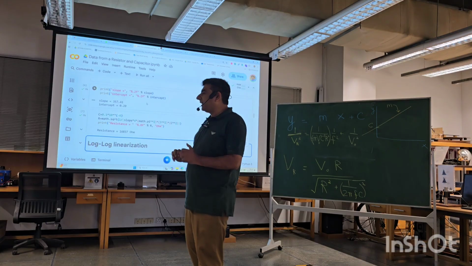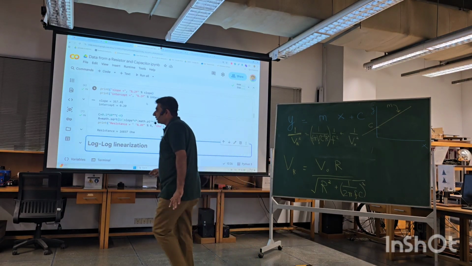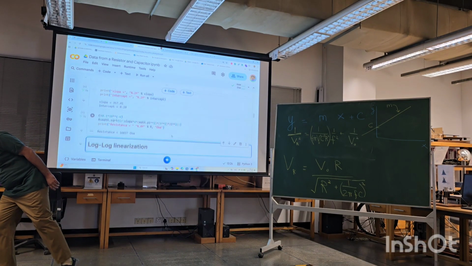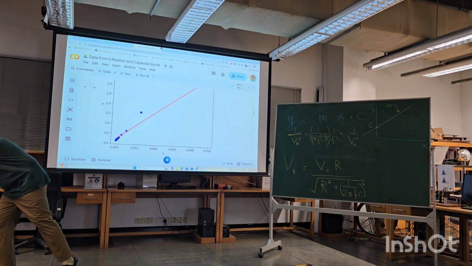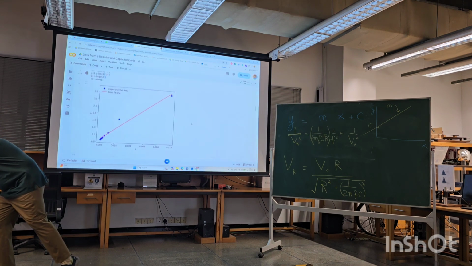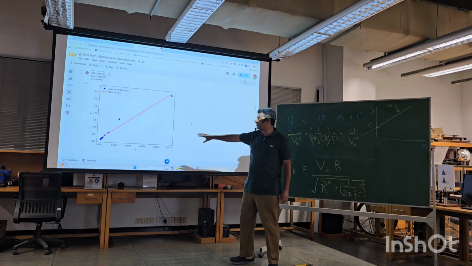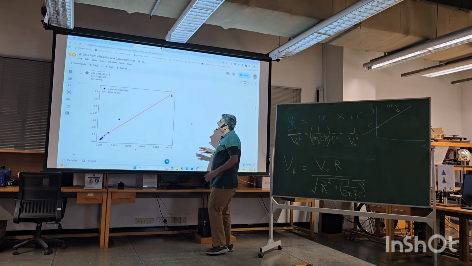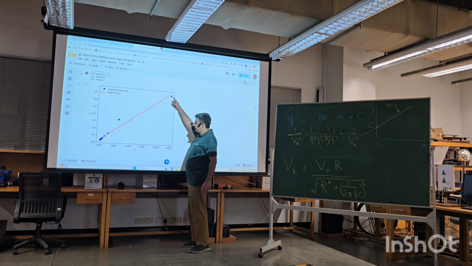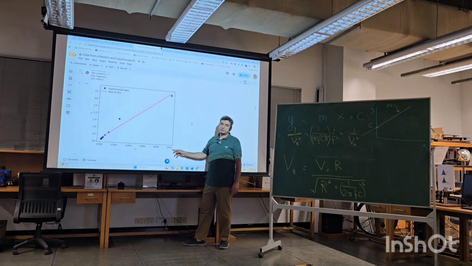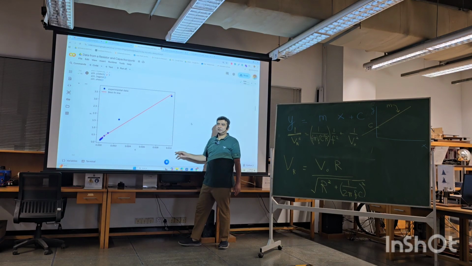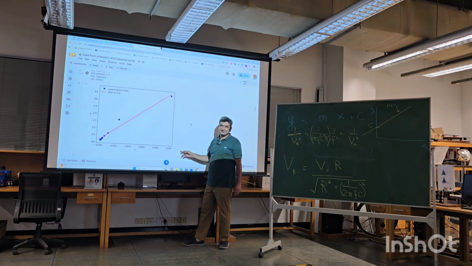So let's come to the uncertainties. If you look at your data, this is our plot. By eyeballing, by inspection, you can see that this point over here, which is at small values of frequencies, because this is 1 over f squared on the x-axis.